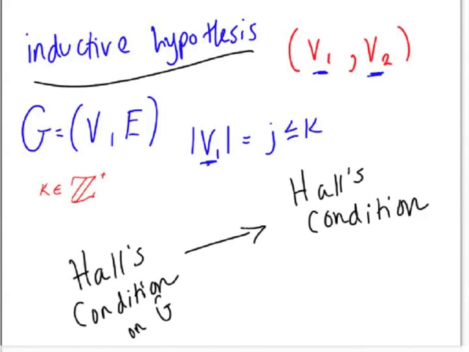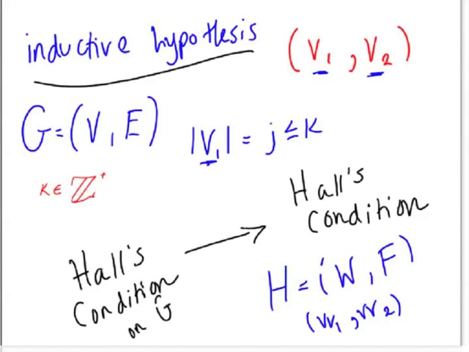And so now, suppose we have another graph. Let's call this graph H with vertex set W and edge set F. And this is also a bipartite graph, with vertex sets W1 and W2.